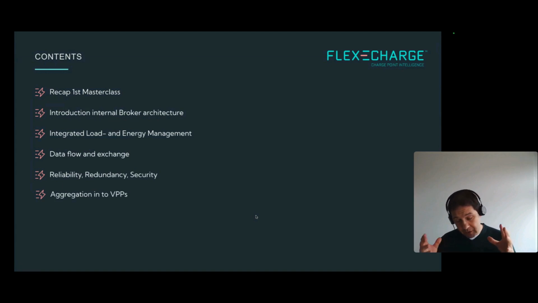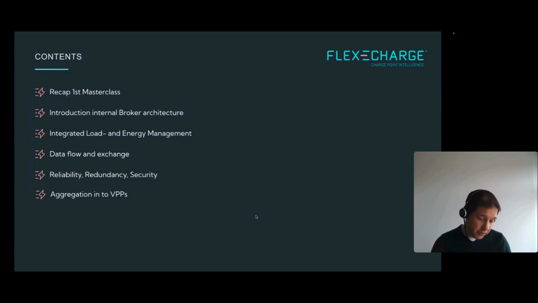Then I'm going to explain how data flow happens inside the broker, and how external third-party services can be integrated, so how messages can be extracted from the broker or from an OCPP stream, and how messages can be injected.